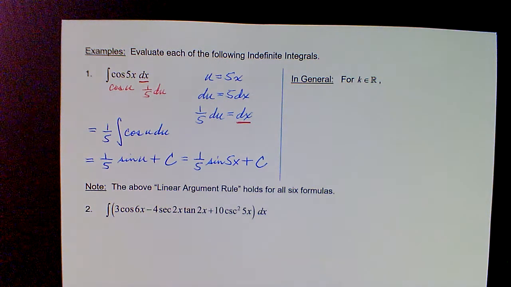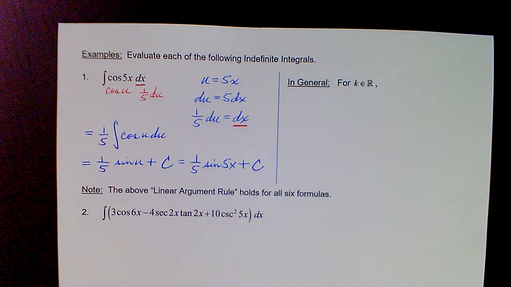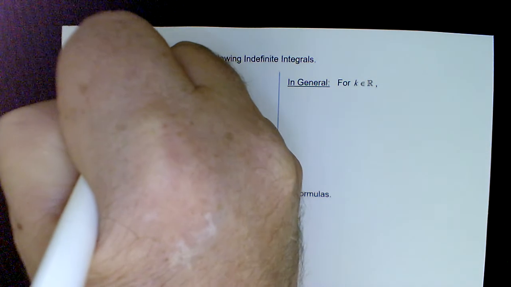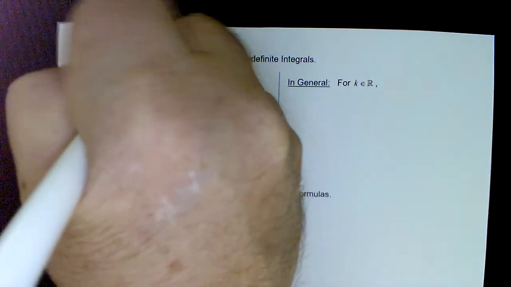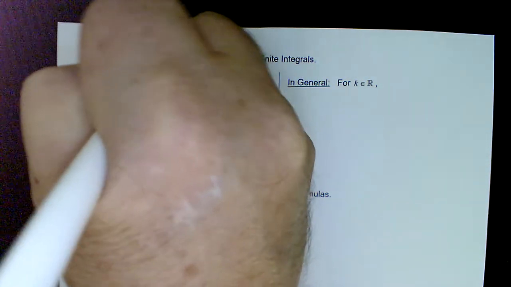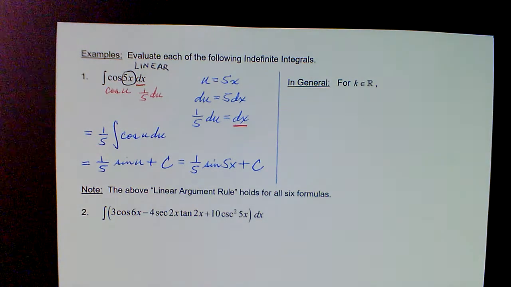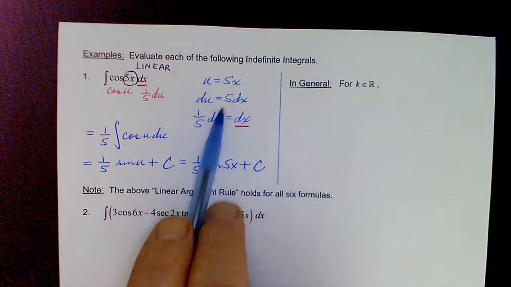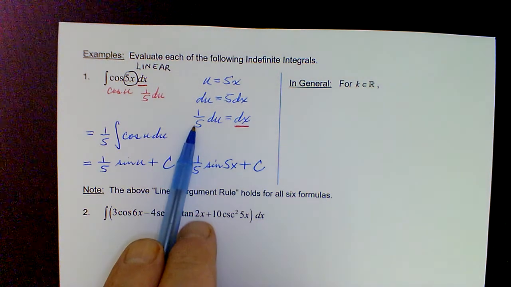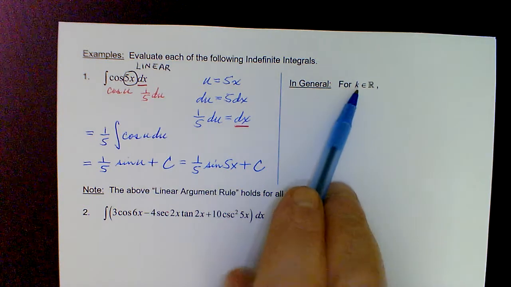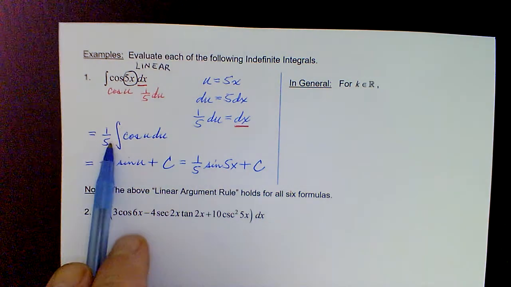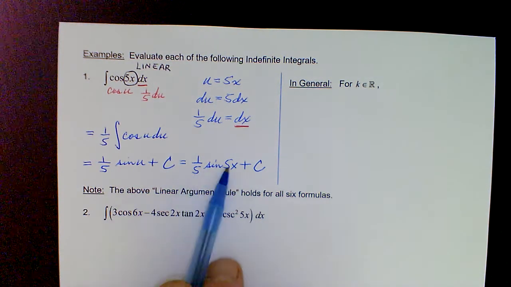Now, we want to adopt a general formula for this special situation, and I'm calling this special because the argument is rather simple. It's what we are going to refer to as a linear argument. So it's linear like mx plus b, so mx, or I'm going to call it kx. But when we have that situation, notice that if you change this number 5 to any other number, 7, 9, whatever, in general, we'll call it k, what's going to happen is the 5 is just going to become that other number, 7, 9, or k.